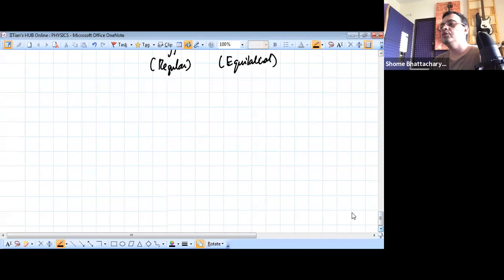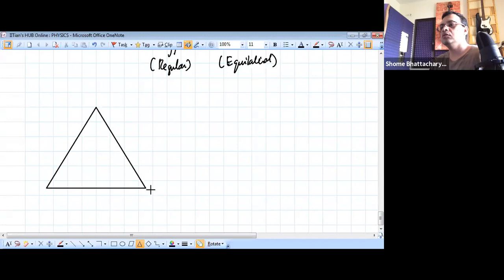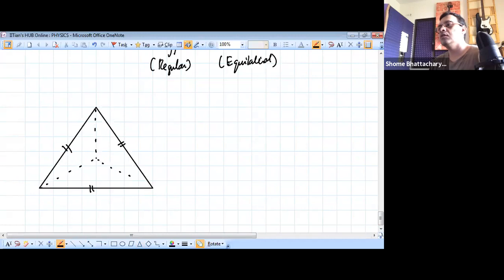The geometry of an equilateral triangle is that, because these sides are equal, at the centroid each of the sides will subtend an equal amount of angle.